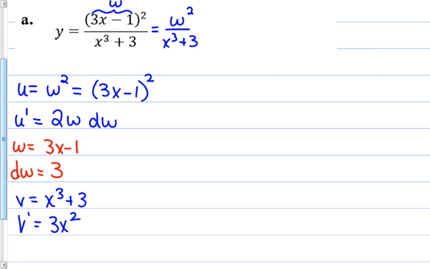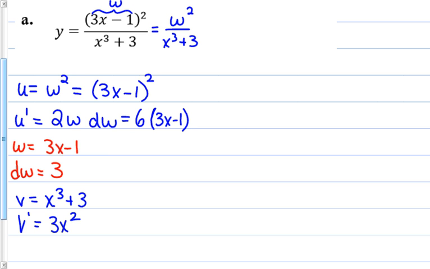Let me figure out what u prime actually looks like. It's 2 times w, but w is 3x minus 1, and then times dw, which is 3. So basically, 6 times (3x minus 1). So if you don't mind, I'm just going to remove that 3, remove the 2, and put a nice big fat 6.